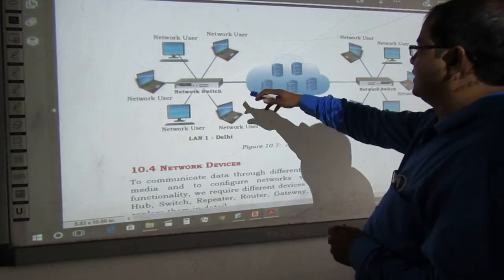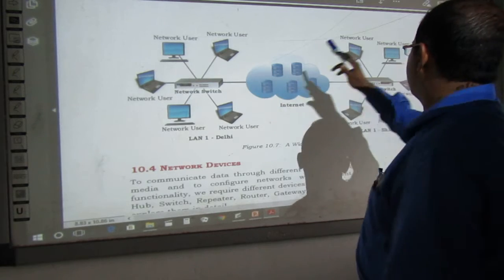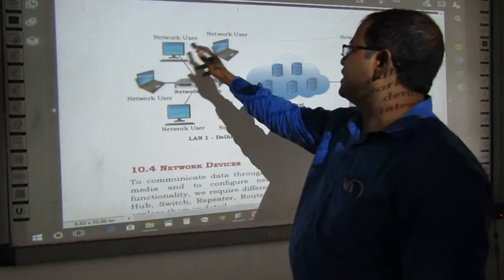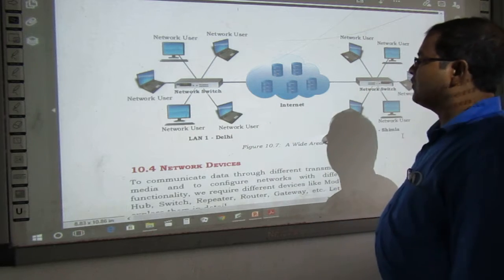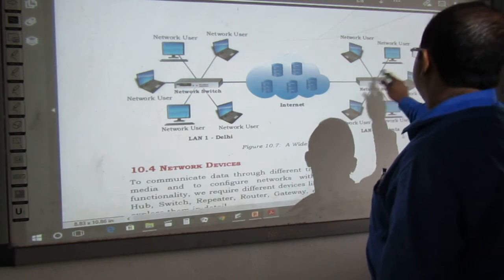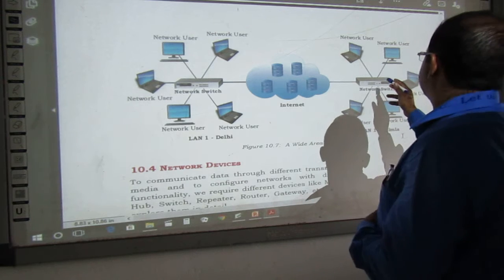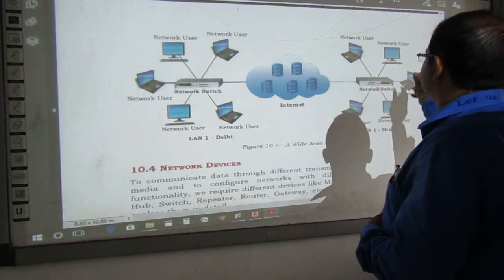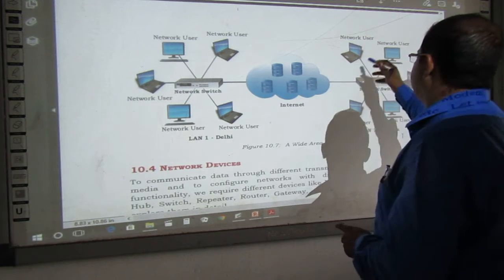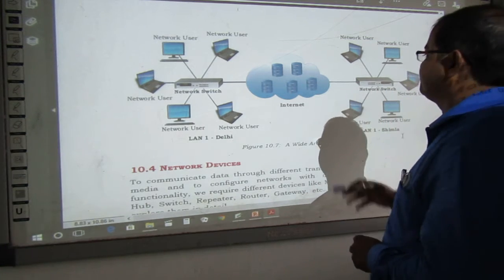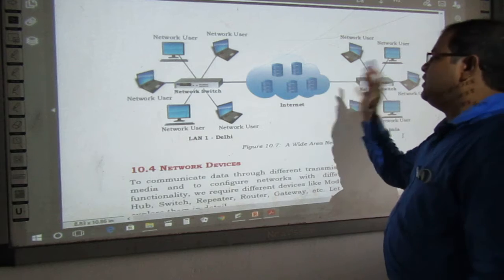Like you can see, this is LAN 1, this is LAN 2, and LAN 1 is connected with a network switch, and this LAN 1 is interconnected with LAN 2 which also has one network switch, and it is also interconnected with different network users and computer peripherals, and all these LANs are connected with the internet.